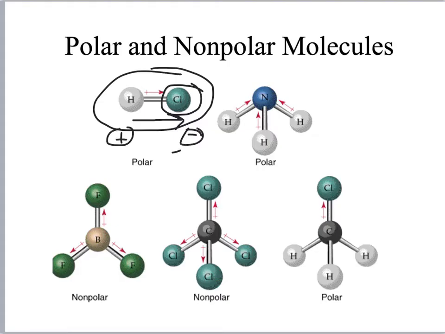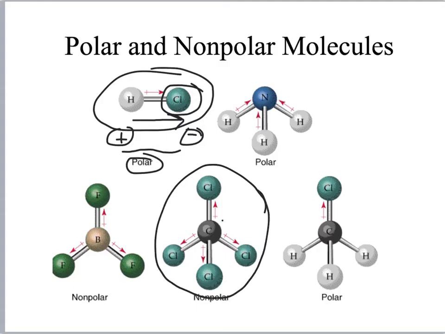Because it has that positive and negative end, we consider that polar. Now if we looked at a molecule where the four chlorines pull equally on the carbon, they would all cancel out and there'd be no positive or negative end, so that would be considered nonpolar. Again, no unequal sharing of electrons, therefore no polarity.